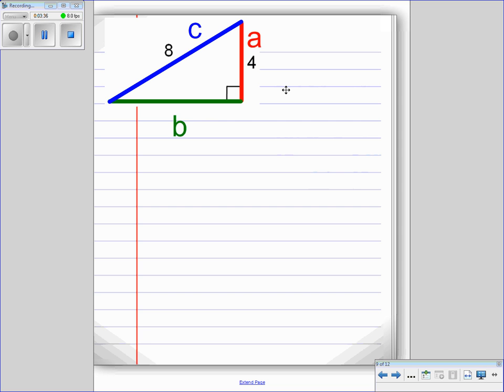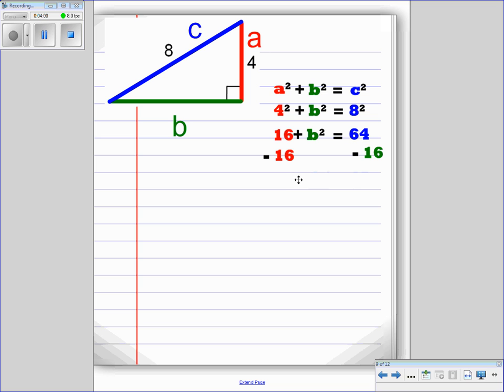Now let's use the Pythagorean theorem. A squared plus b squared equals c squared. We know a and c, so we'll substitute those values. Squaring the numbers gives us 16 plus b squared equal to 64. Now, to get rid of the 16, we have to subtract it from both sides. It's an equation, remember, so it has to be balanced.